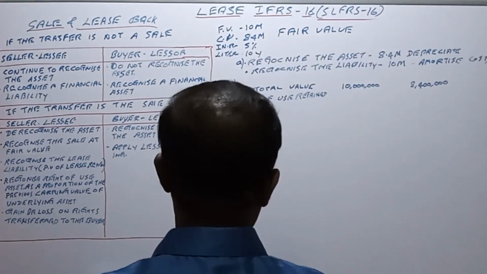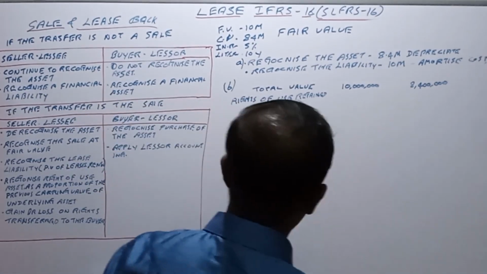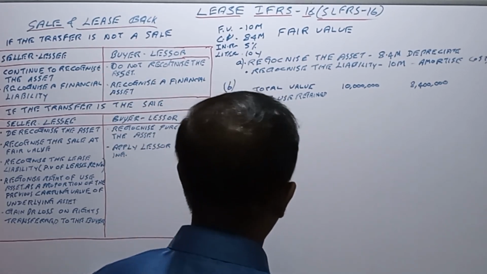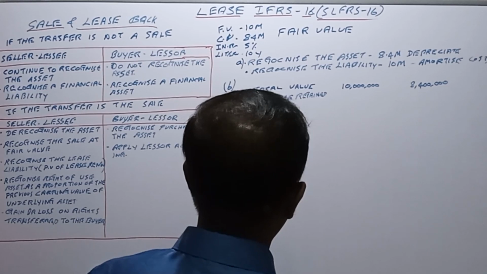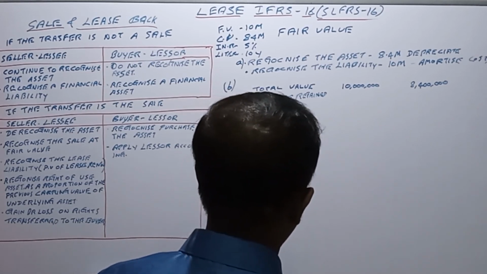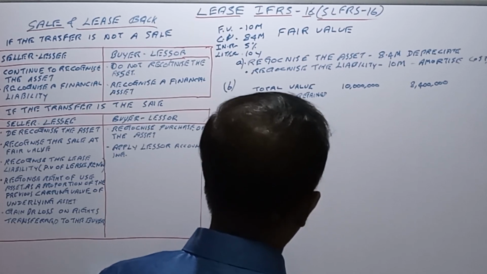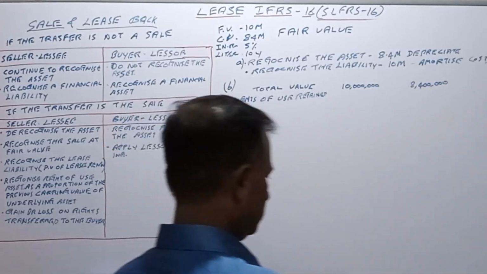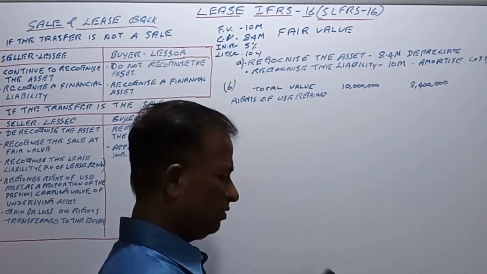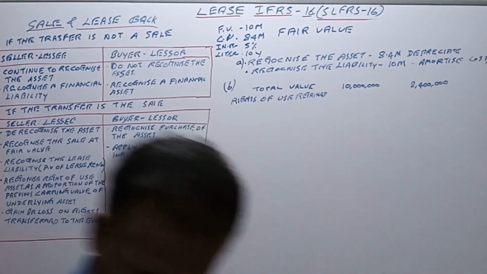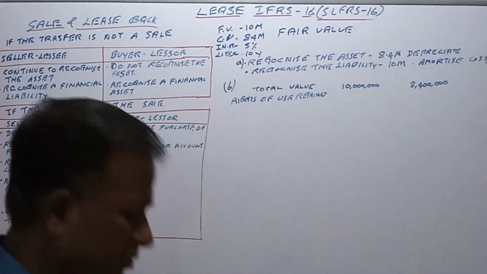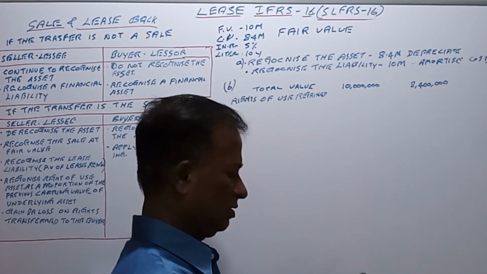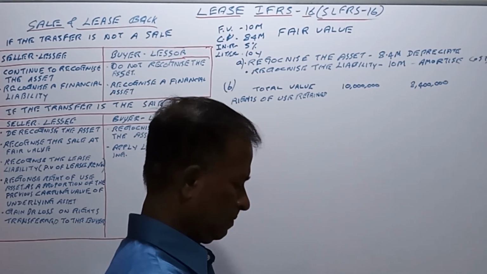Rights of use retained: here you have to see the 10 million. What is the present value for the 10 million? You refer to the tables. Go through the tables.